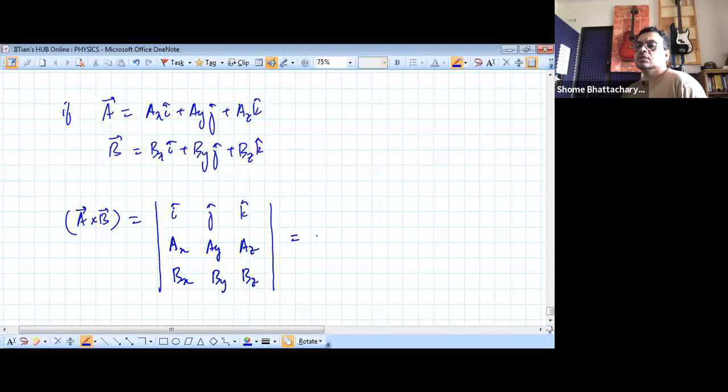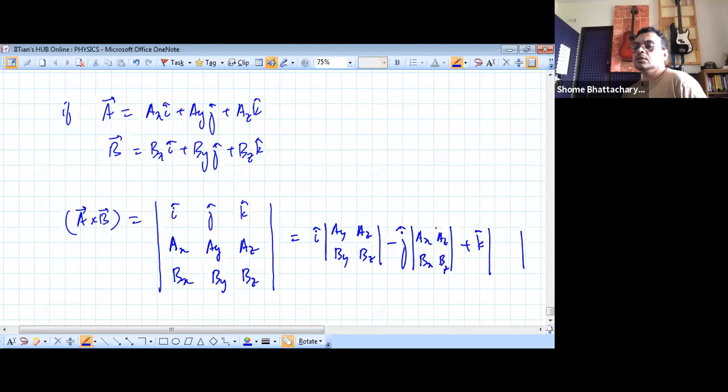So this becomes i cap into this 2 by 2 matrix, Ay, Az, By, Bz, okay, minus of the middle term j cap into the matrix formed by the first and third column. So Ax, Az, Bx, Bz plus k cap into the matrix formed by the first and second column, because you've taken the third term, so the first and second column will come here.